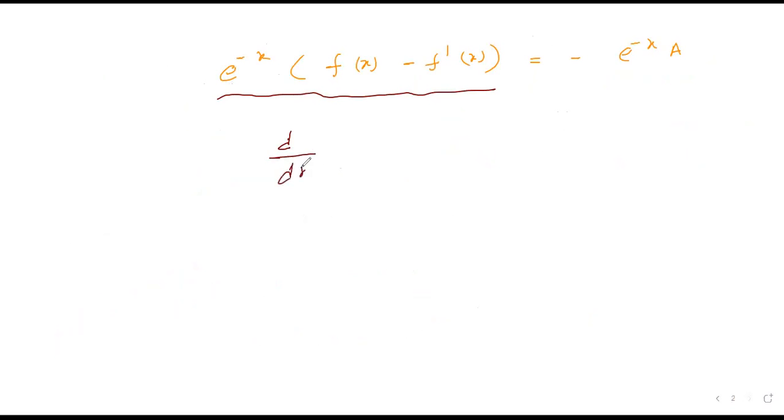So you will get e^(-x)(f(x) minus f'(x)) equals minus e^(-x) capital A. Okay, now you can write this overall function as d/dx of e^(-x) f(x), and this is basically equals e^(-x) into capital A.